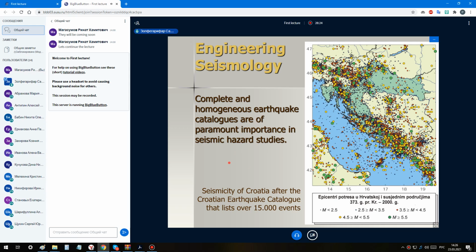Complete and homogeneous earthquake catalogs are of paramount importance in seismic hazard studies, and can then be shown with seismicity maps of Croatia, after the Croatian earthquake catalog, as for example shown in this map as schematic maps that show the list of 50,000 events of the Croatian earthquake catalog.